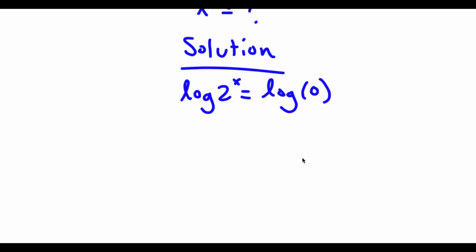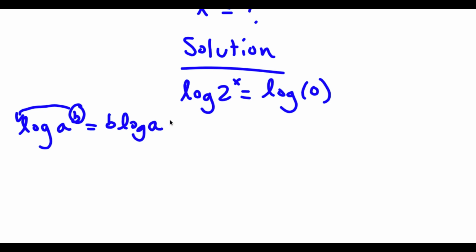Now, if I have something in the form log a to the power of b, I can actually move this exponent b to the front, so this would equal b times log a. And the reason why this property is so important is because, let's say I have the equation 7 to the power of x is equal to 9.